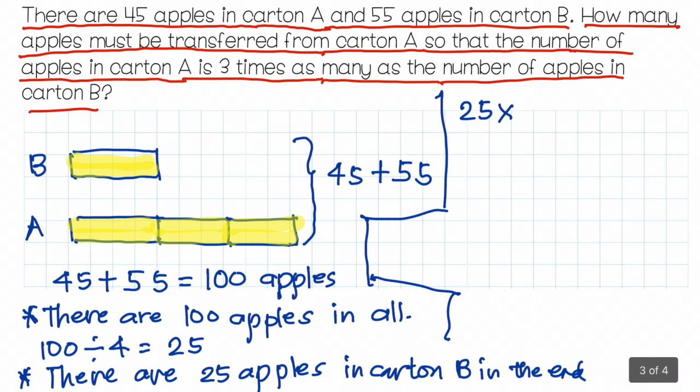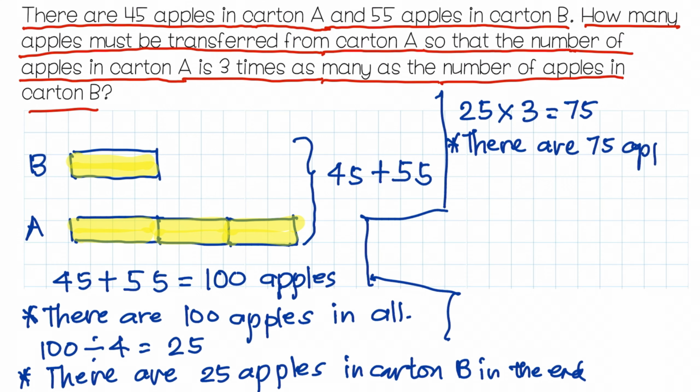So, 25 times 3 is equal to 75 apples. So, there are 75 apples in carton A in the end.